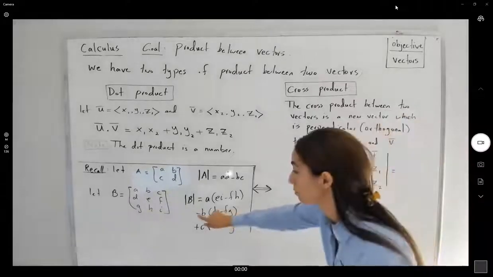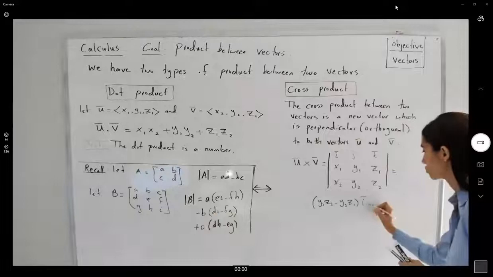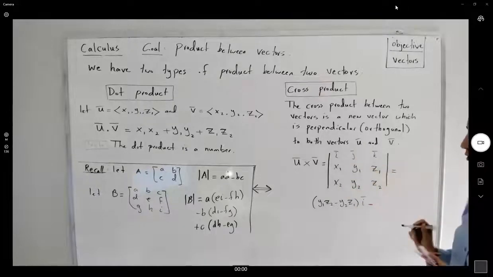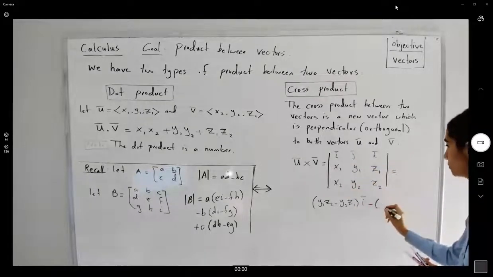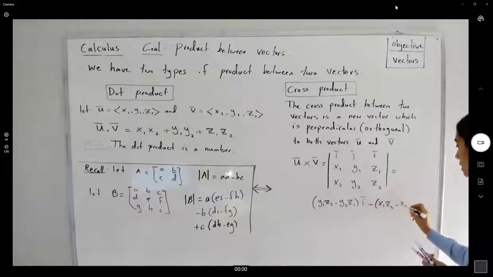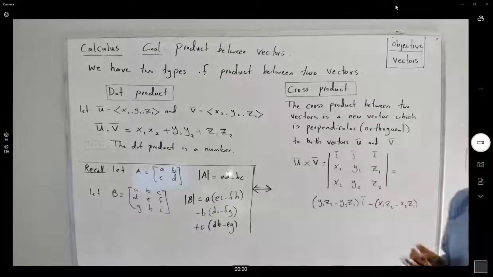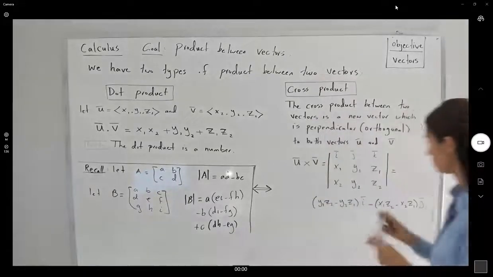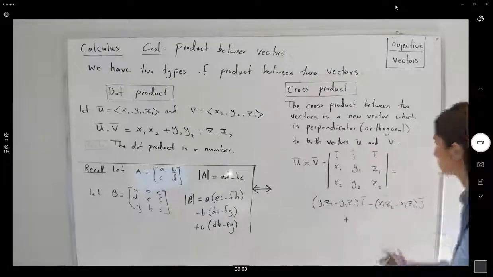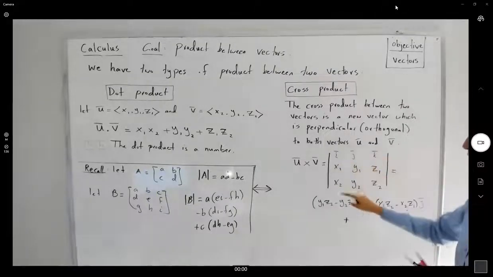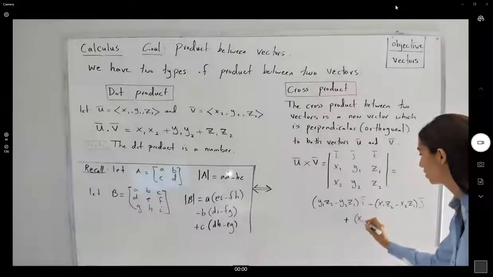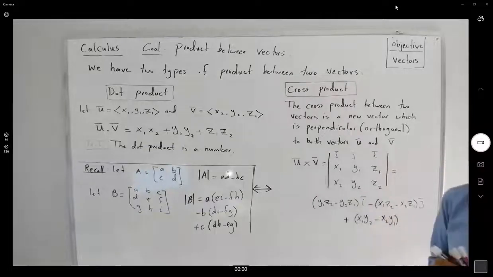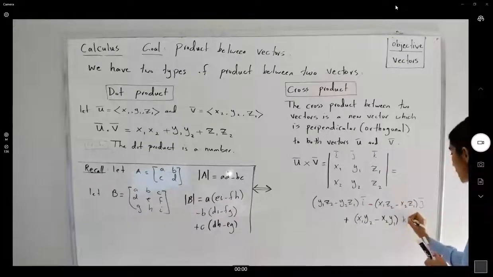Remember that we have the subtraction, so we're going to put minus here: minus j times the determinant of this submatrix, so we're going to have x1 z2 minus x2 z1, times j in the direction of the y-axis, and plus k times the determinant of this small submatrix, which is x1 y2 minus x2 y1, again in the direction of the z-axis. So we're going to have k written down here.